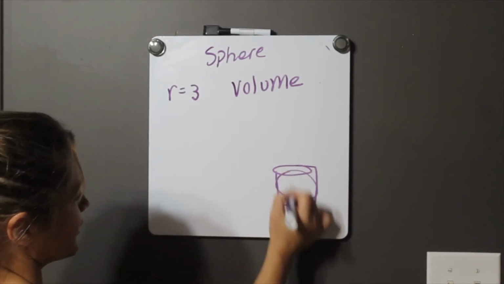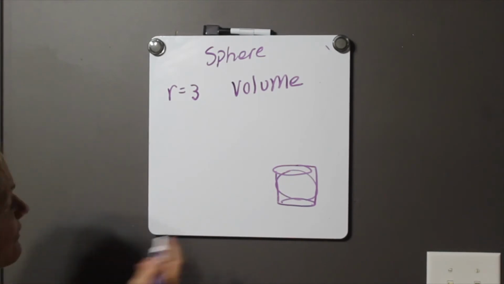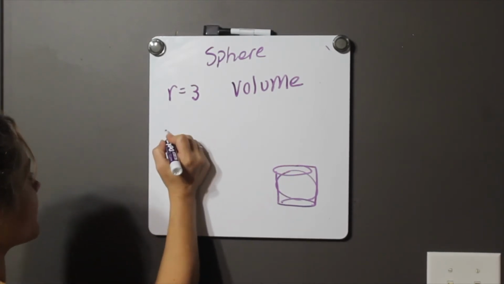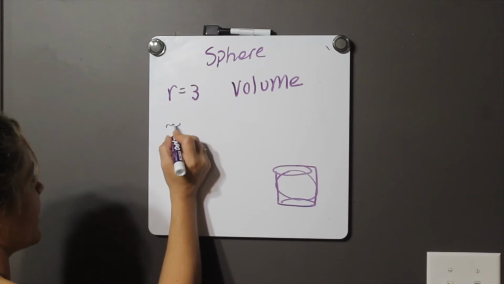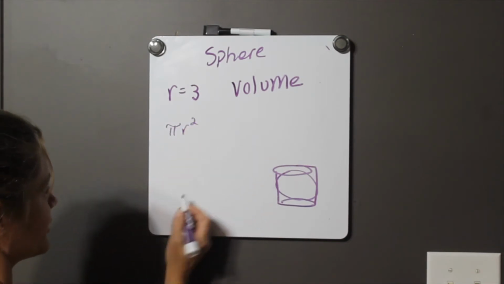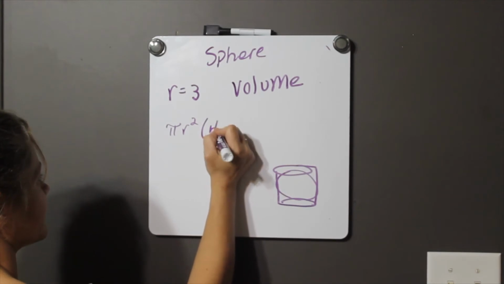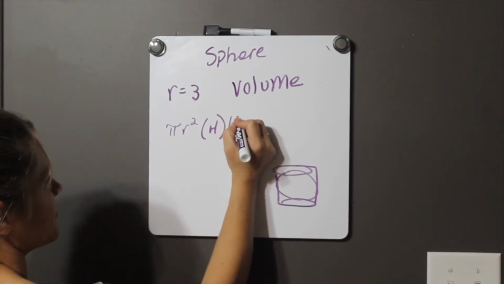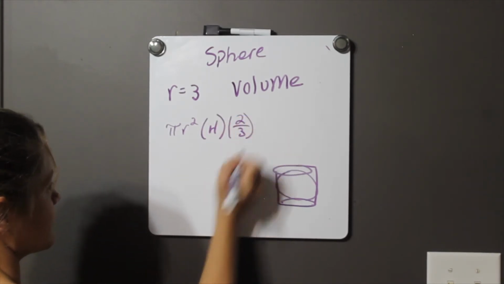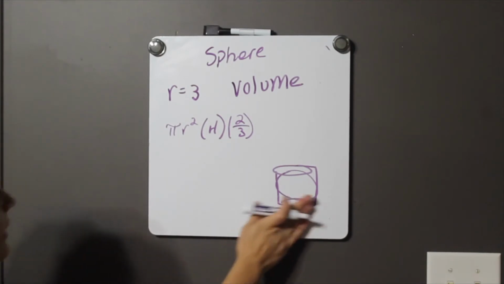And it's 2/3 of whatever that cylinder's volume is. So to find the volume of the cylinder, we're going to say pi r squared. It's going to get us the base times the height times 2/3.